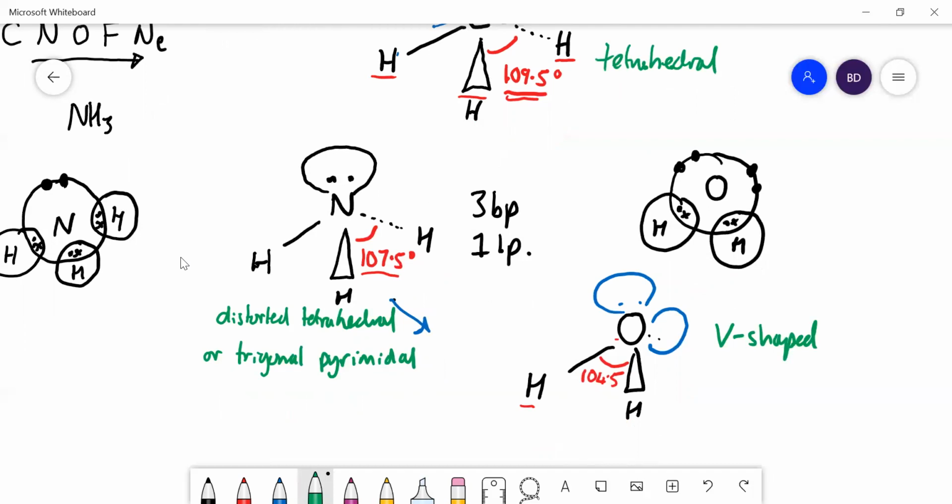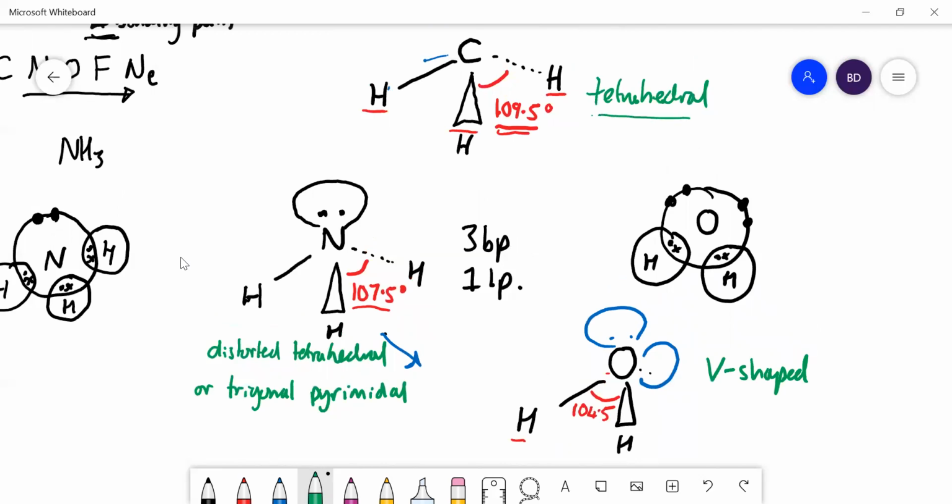So that is the vast majority of molecules. If you're thinking about the shape around a central atom, it is one of these three things, because most things we think about have eight electrons in their outer shell. So this covers most of them.